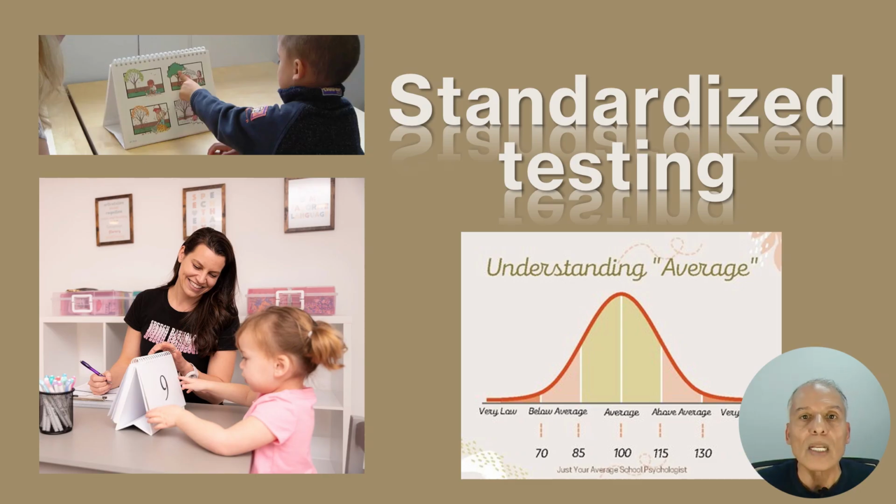So a standardized test is not appropriate for everyone. And they have to be administered strictly under the same conditions everywhere. If you make any modification, even if you repeat an item when it's not supposed to be repeated, the scores are not valid.